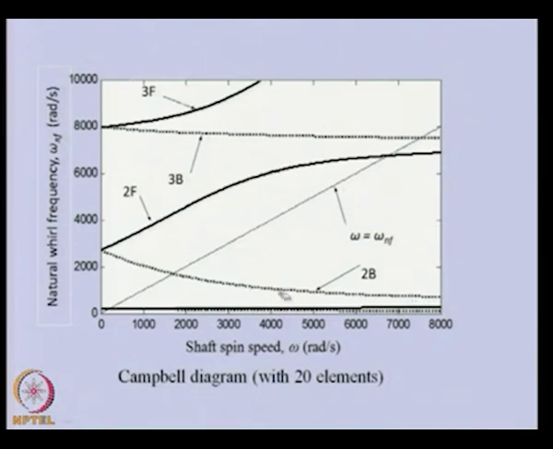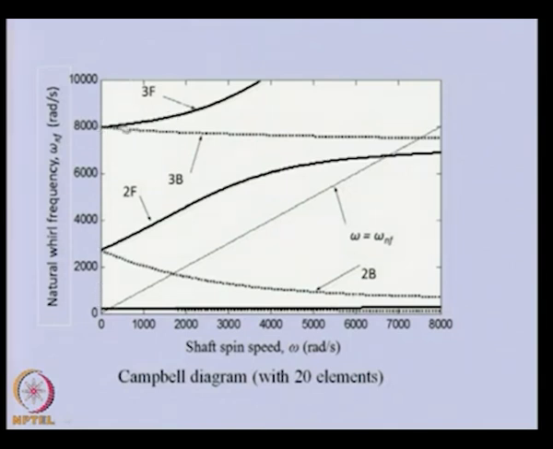So even for the second mode, now we are getting the intersections, but you can see that for the third mode, this curve is more steep, so unlikely this will intersect that particular mode. So this we expect to be more accurate because we have chosen more number of elements, and we can see these are corresponding to the zero speed.